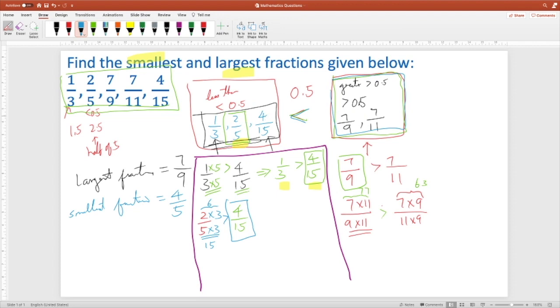So any number right here will not be possible to be greater than 7 over 9 or 7 over 11. Does it make sense? Yes. Okay. So we already worked out the solution, and then you have to say something before ending.